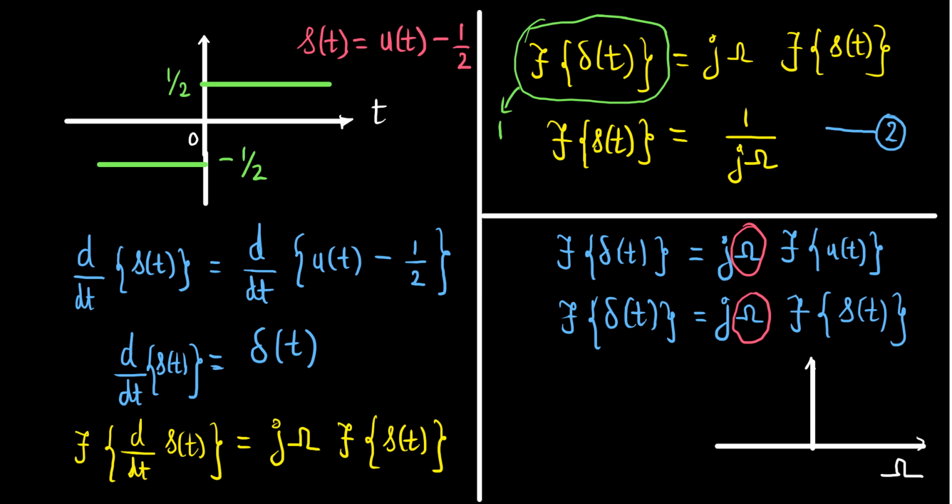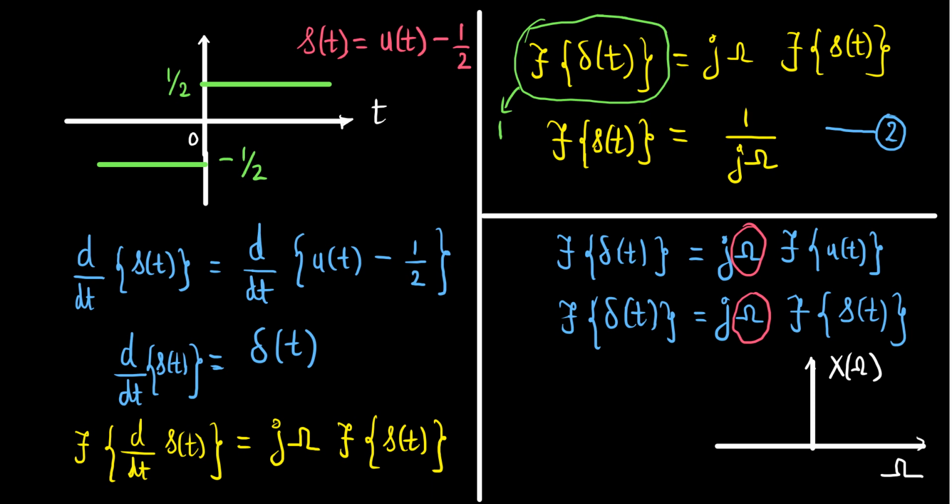If we multiply a Fourier transform, let this be the Fourier transform, let that be x of omega, by j into omega, what does that mean is, if omega is 0, then whatever may be the Fourier transform of the signal at 0, that is going to be annihilated. That means it is going to be 0.